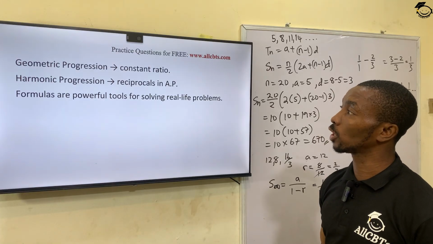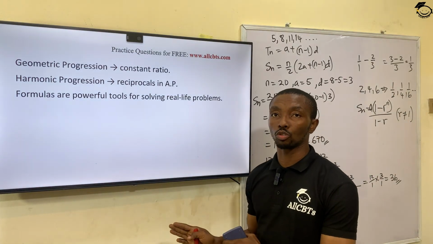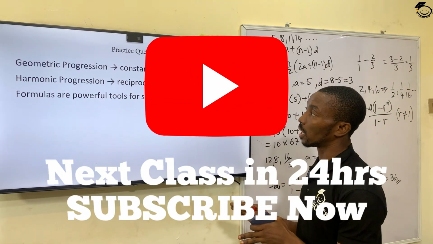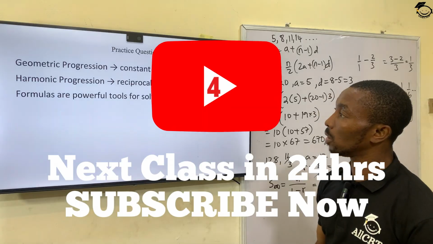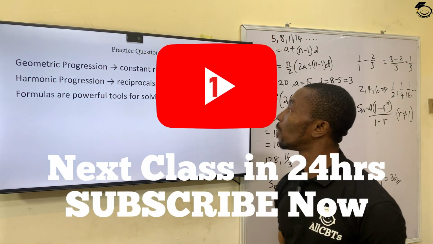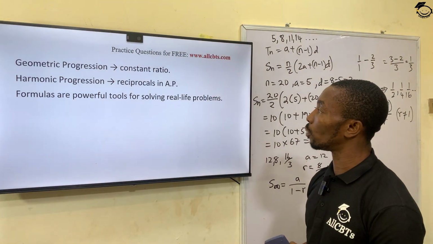Geometric progression deals with a constant ratio. Arithmetic progression deals with a constant difference, while harmonic progression is the reciprocal of our arithmetic progression.